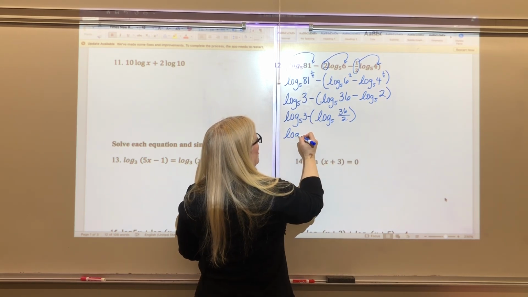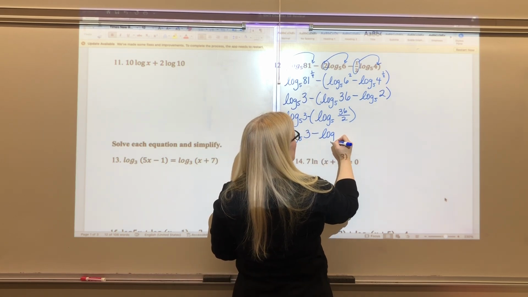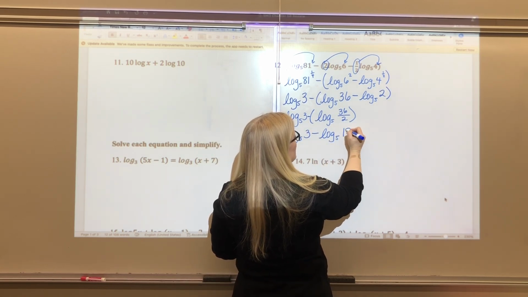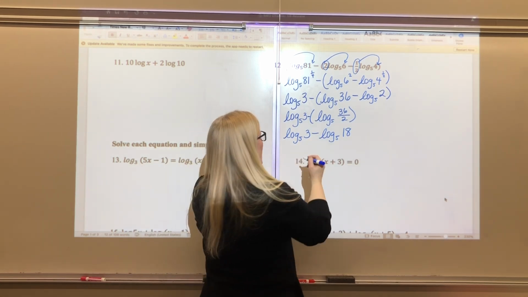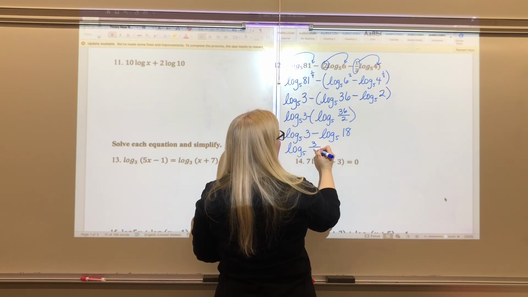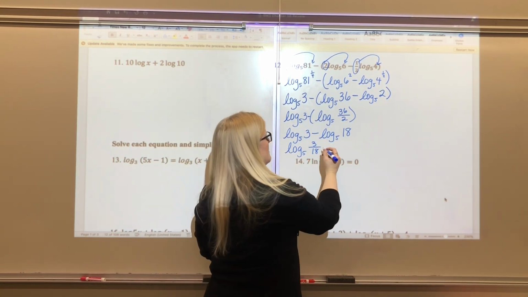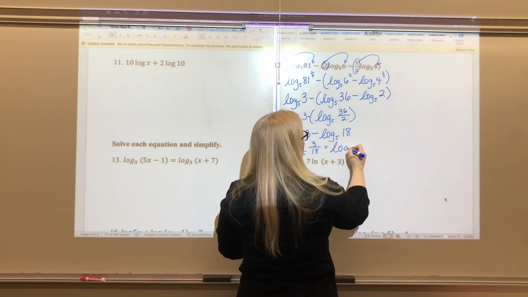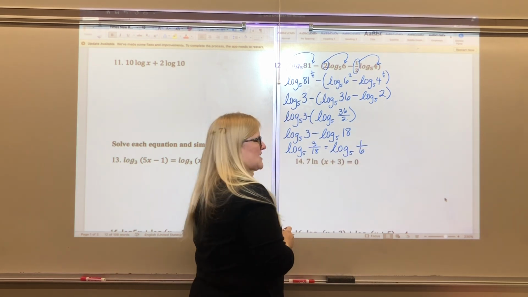So now we have log base 5 of 3 minus log base 5 of 18. Again, it's subtracting, so log base 5 of 3 over 18. And when I simplify that, that is log base 5 of 1/6.